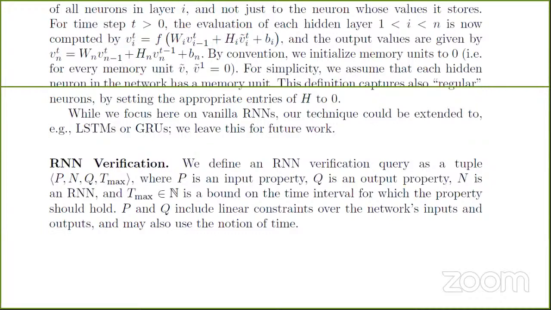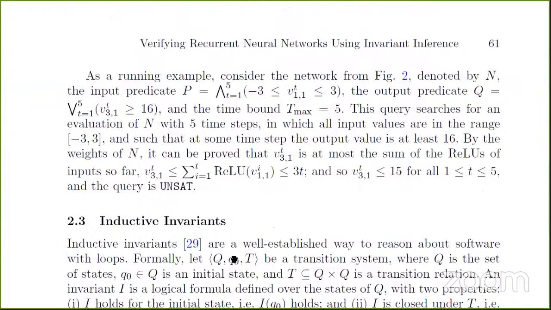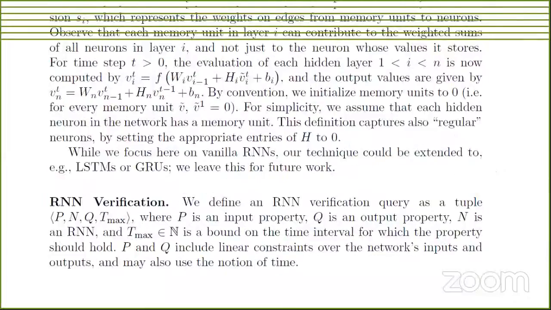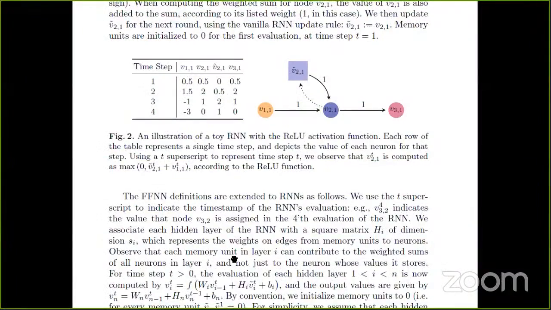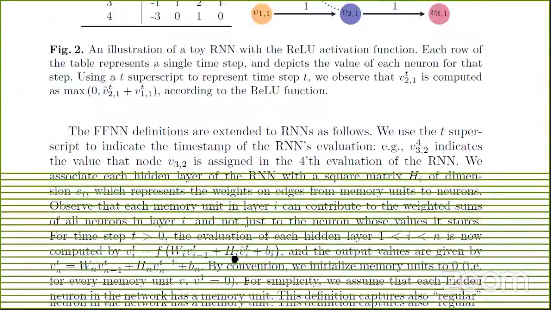Other than this time factor, what P and Q include is linear constraints over the network's input and output. And I will get back to a concrete example. Okay, so we have seen this network that we looked at in detail for 4 time steps. This one. Okay, so this is something that we have looked at.